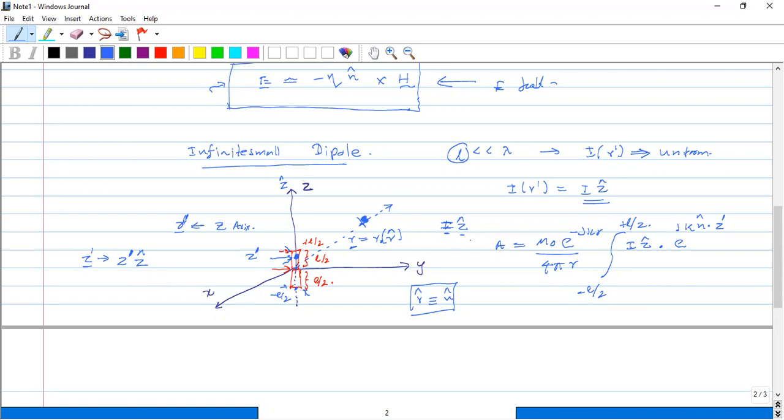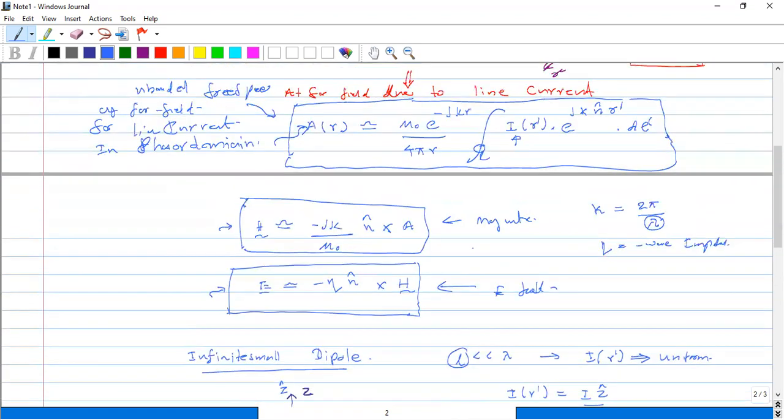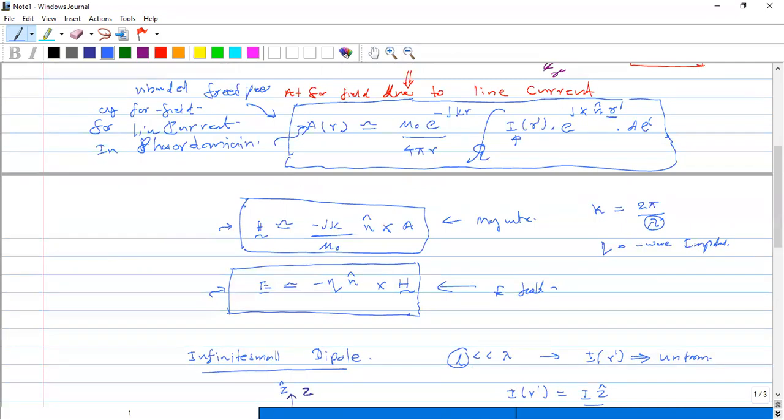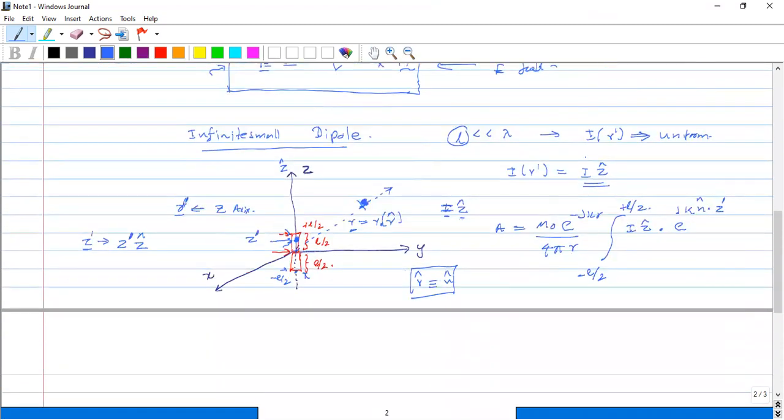So here you have to put the vector r bar dash. What is r bar dash?